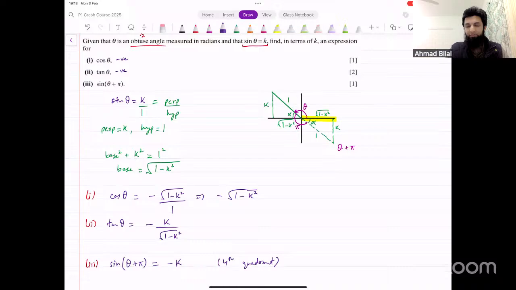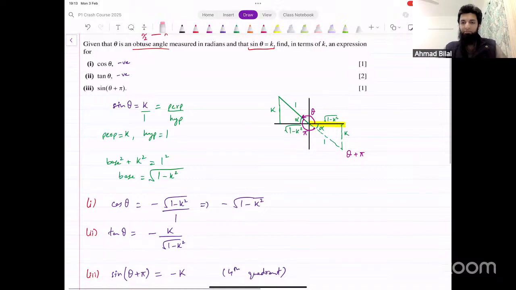Okay. So when we add pi there, we get to the fourth quadrant. The basic angle remains the same. That means the ratio is going to remain the same. The only difference is the plus minus changes. In the fourth quadrant, sine is negative. We put a negative with that because of that reason.